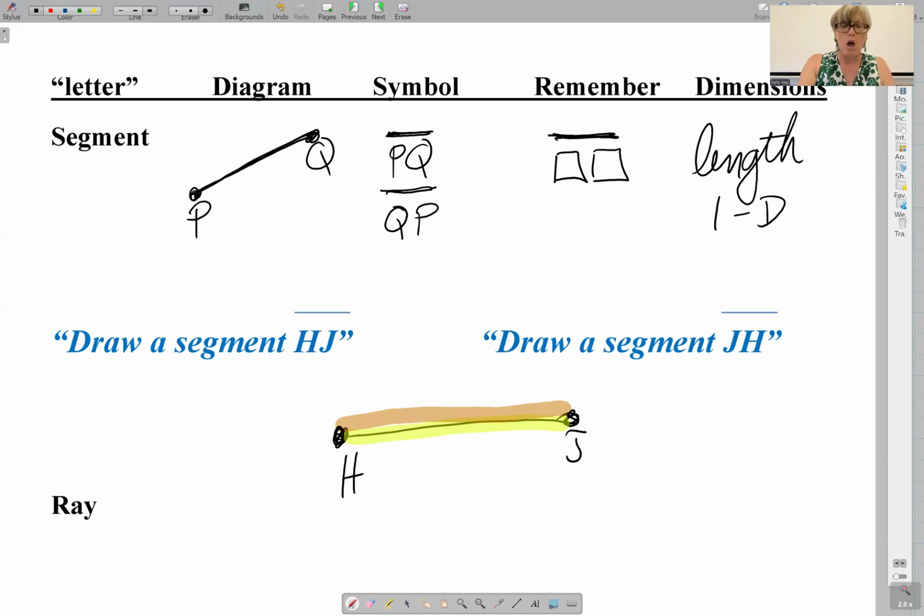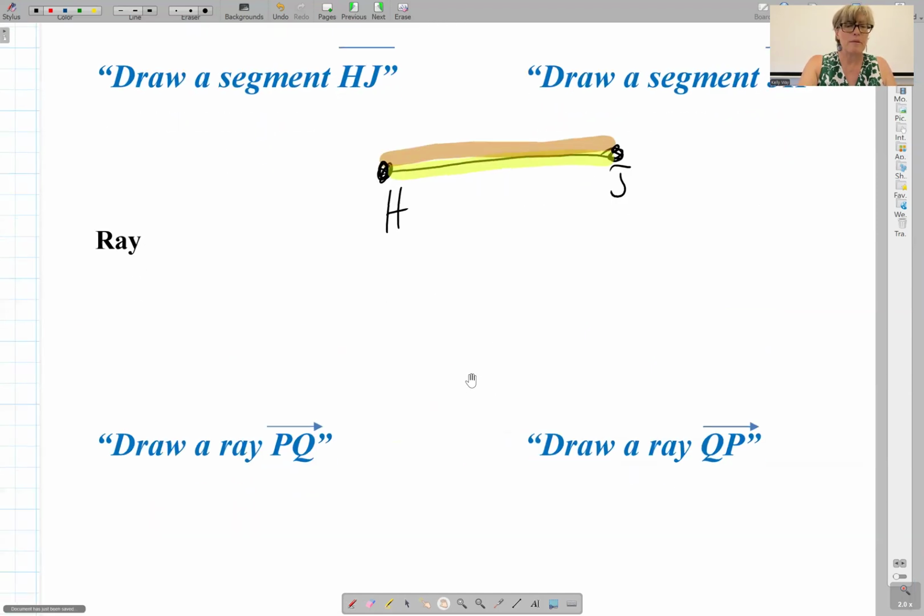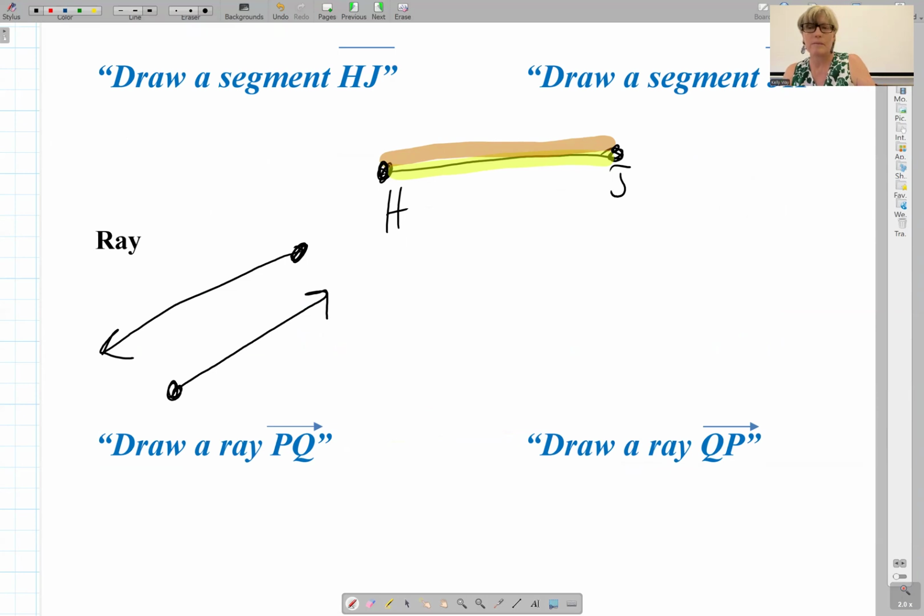Now, a ray. A ray has an endpoint and then goes infinity in one direction. Endpoint, infinity in one direction. We name rays, regardless of the direction they face, first by the endpoint, then by the arrow point.